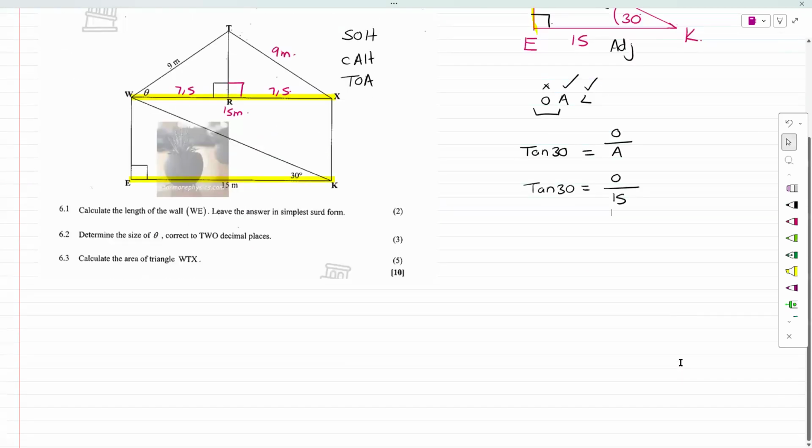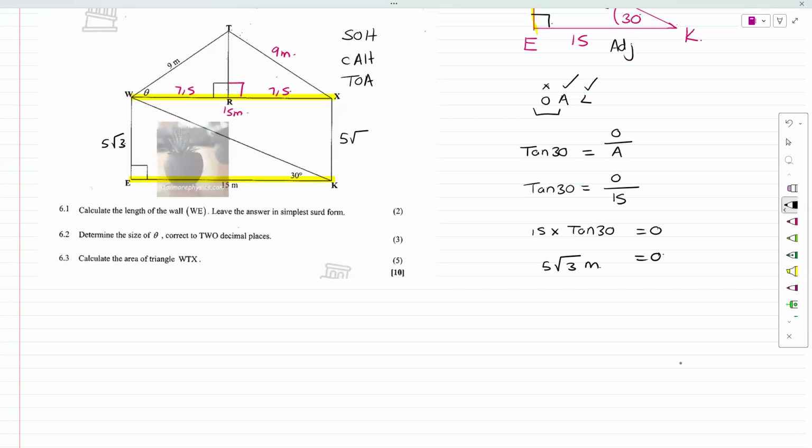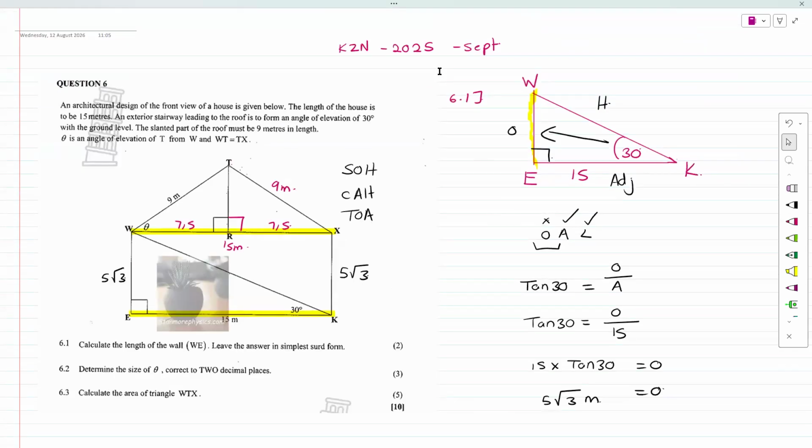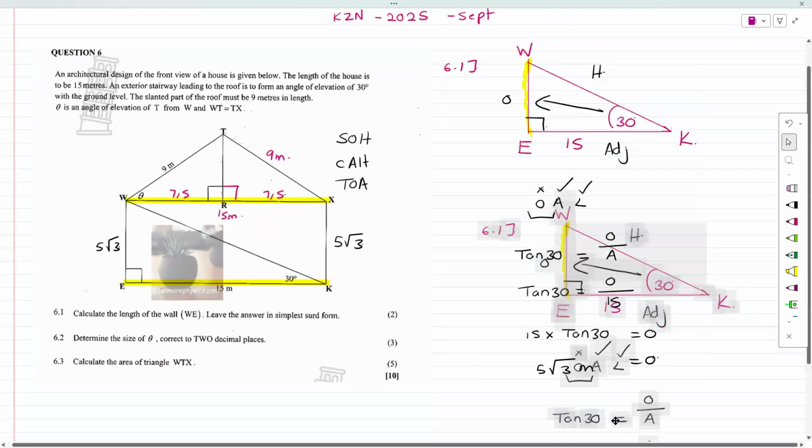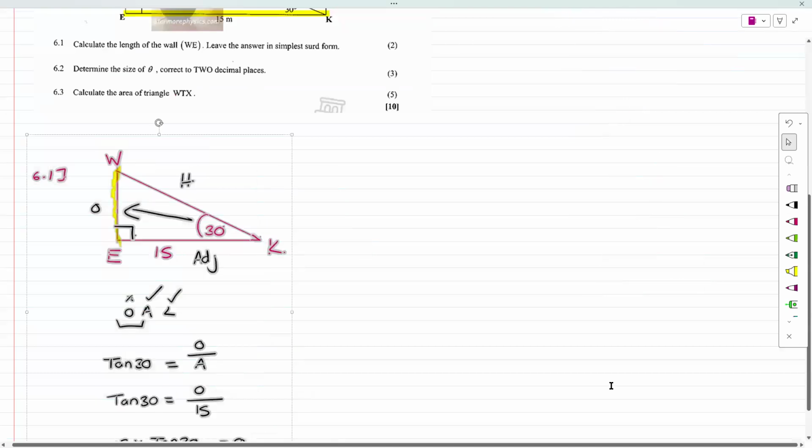When we solve this, we get 15 times tan 30 equals O, and O equals 5 root 3. This is in meters because the question was given in meters. Automatically, I know this is 5 root 3 as well, but we don't really need that at the moment. And that's question 6.1.